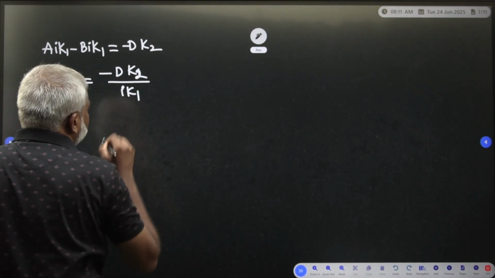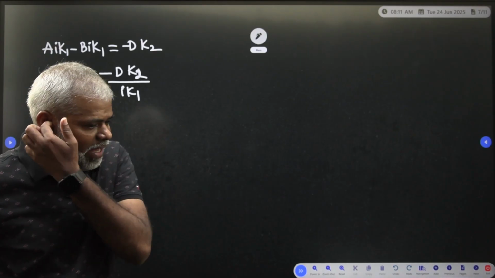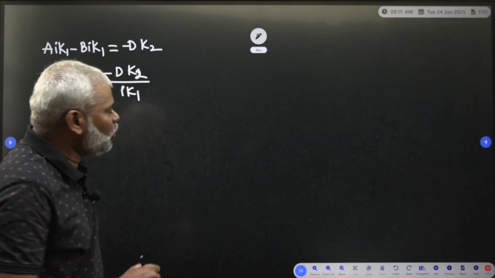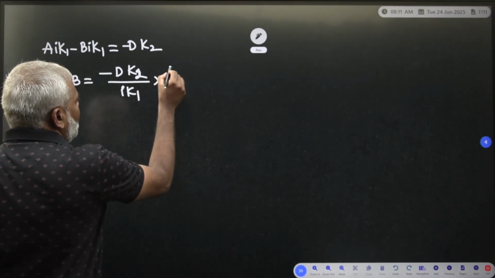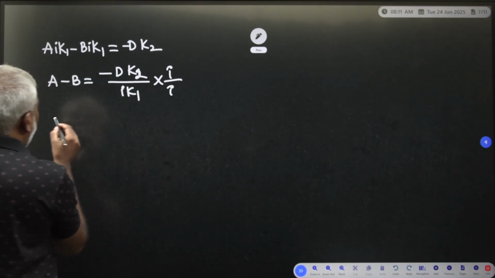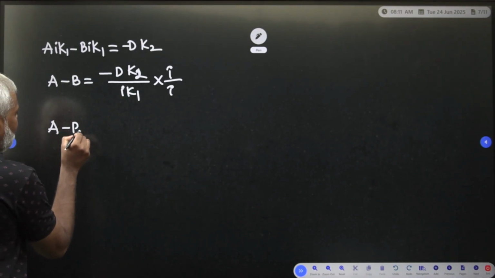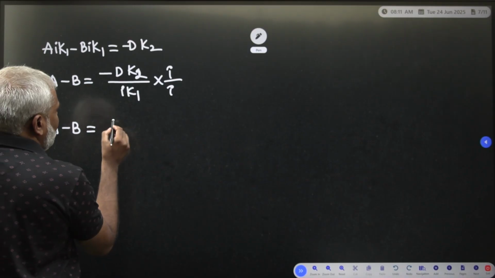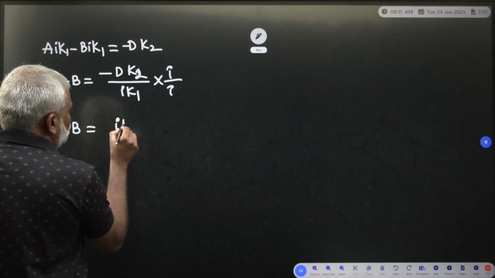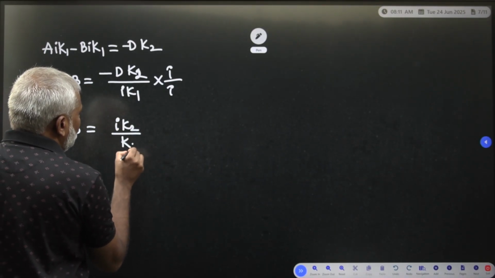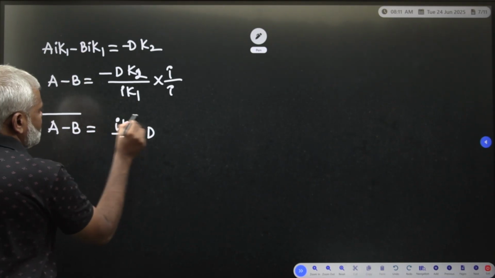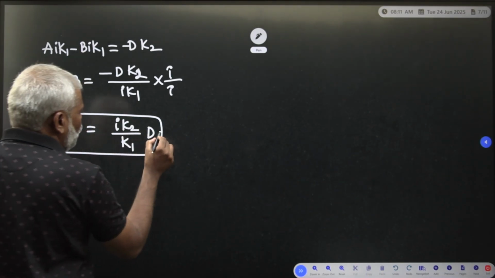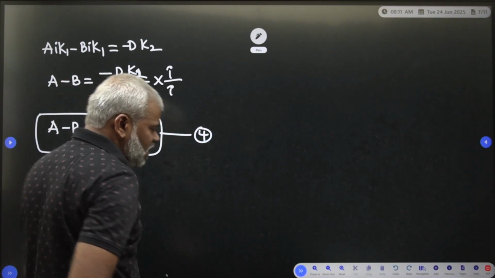You have to multiply and divide with i. So, therefore, a minus b is equal to i k2 divided by k1 into d. This is the equation number 4.